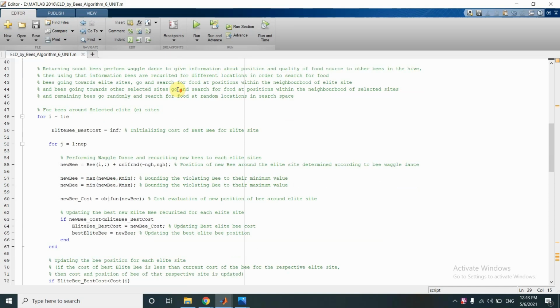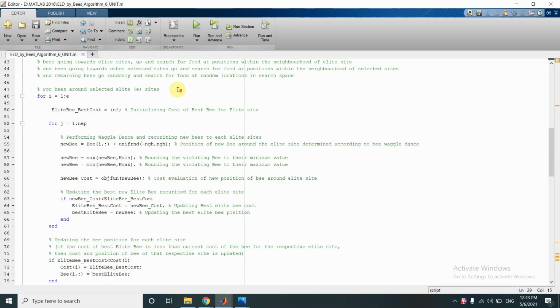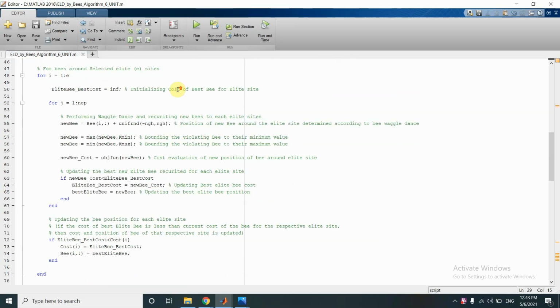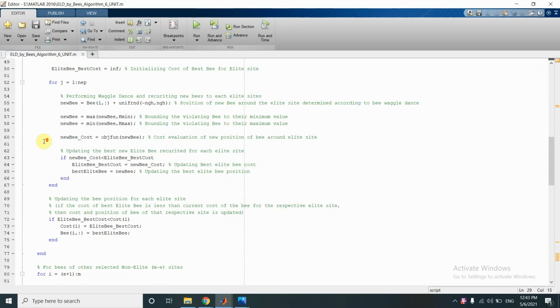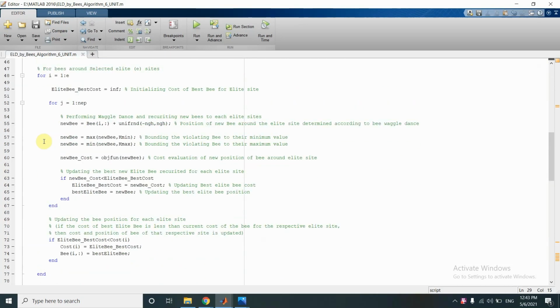Now, for bees around the selected elite E sites, we again start a for loop which will run E times. Since E is 40, this for loop will run 40 times, and each iteration of this for loop will correspond to one elite site.